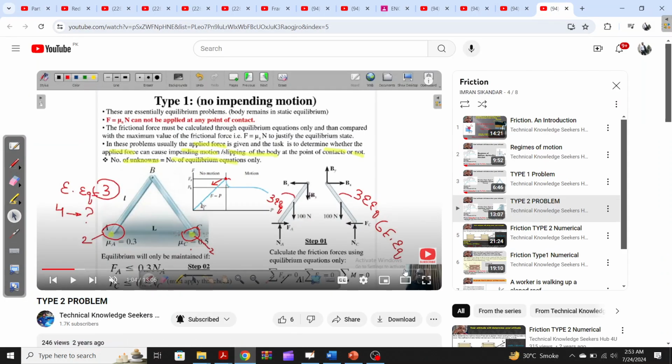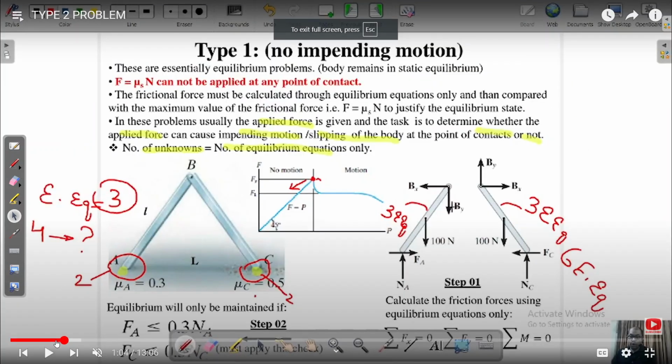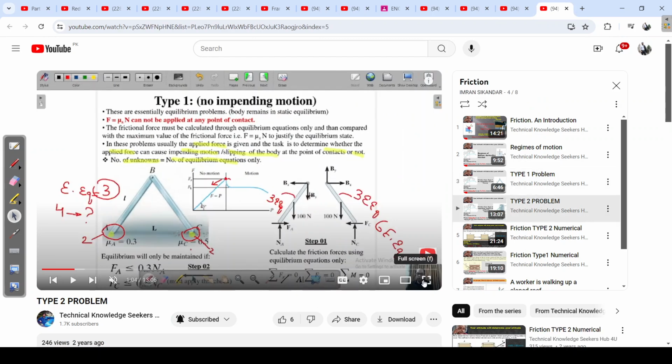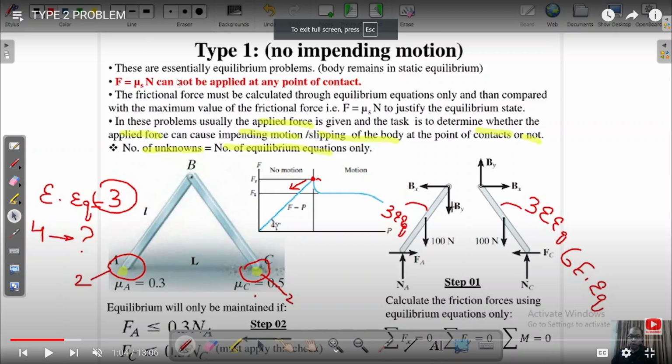Okay, this is a type 2 friction problem. These are rather type 1. This is rather a type 1 friction problem, and this one is a type 2 friction problem. This is called the no impending motion. Over here it is being termed as the no impending motion.